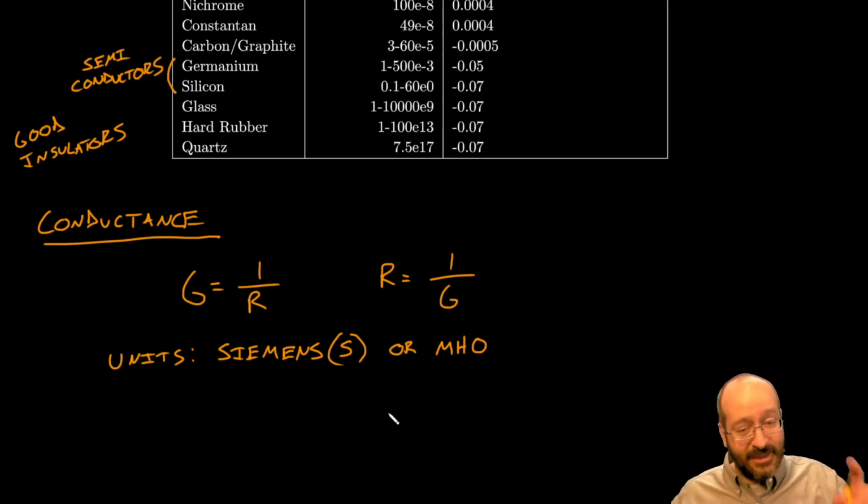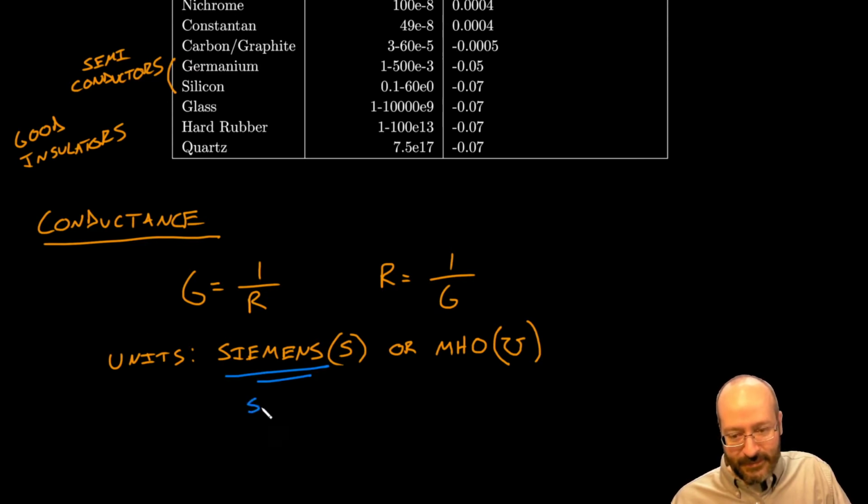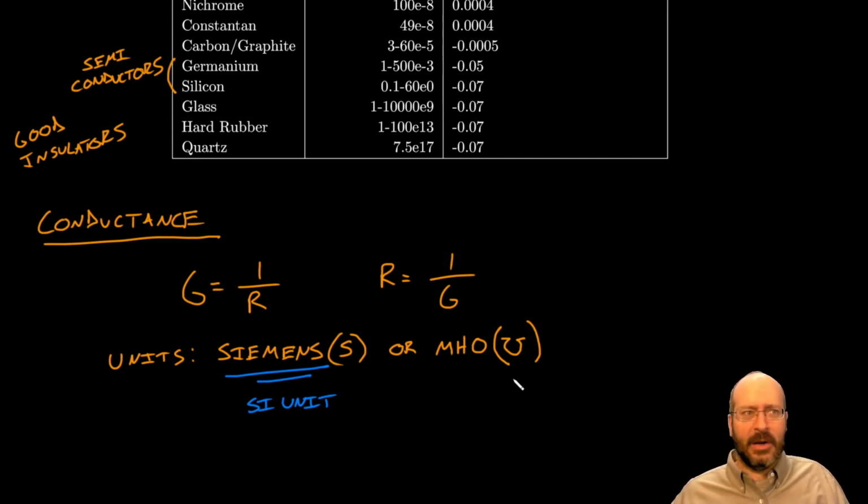Wait, it gets worse. The symbol for it. Okay, instead of an omega, it's an upside down omega. Okay, good luck finding that on your keyboard. So I'm really happy that we now have a proper SI unit for it. Okay, but you may run into the mho. It's just the resistance upside down or backwards or both. Who would have thought?